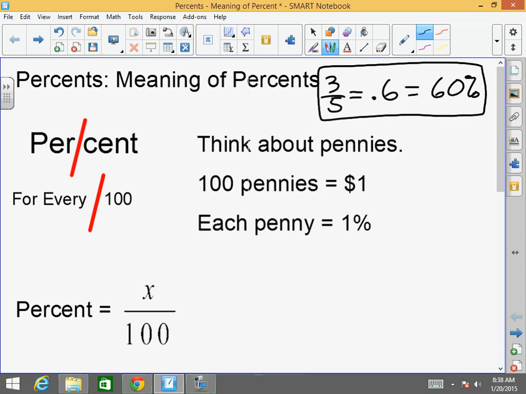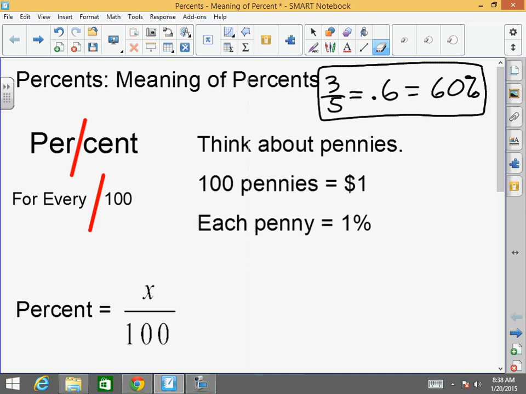The only difference is their appearance. So now that we're learning percents, I want you to keep that in mind. It's the same thing as a fraction or as a decimal, but just in a different form, a different appearance.